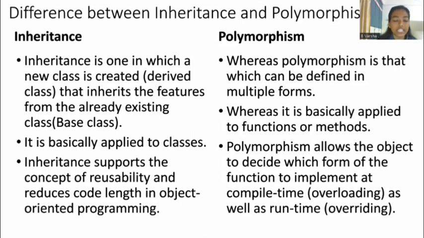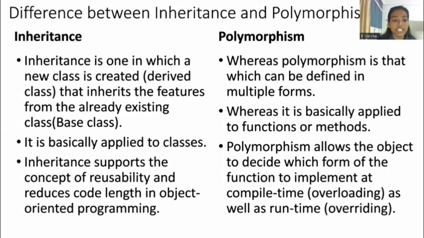Difference between inheritance and polymorphism. Inheritance is one in which a new class is created, that is the derived class, that inherits the features from the already existing class, that is the base class. Whereas polymorphism is that which can be defined in multiple forms.